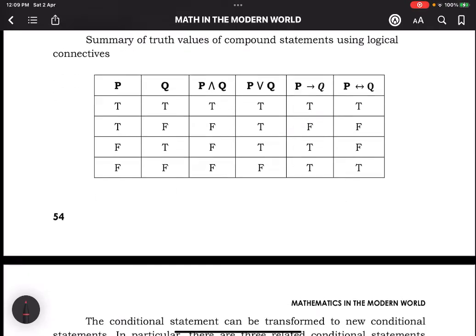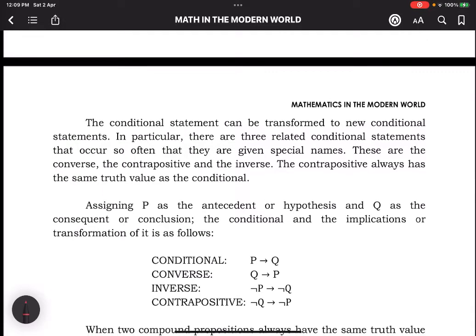The conditional statement can be transformed into new conditional statements. In particular, there are three related conditional statements that occur so often that they are given special names: the converse, the contrapositive, and the inverse. The contrapositive always has the same truth value as the conditional.